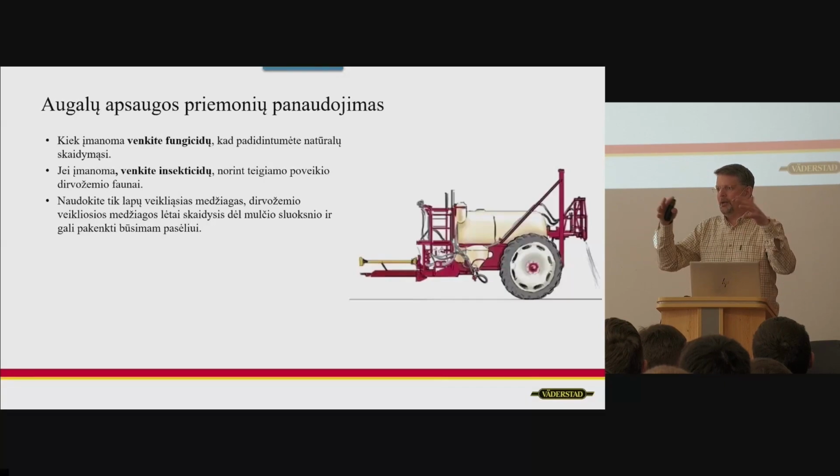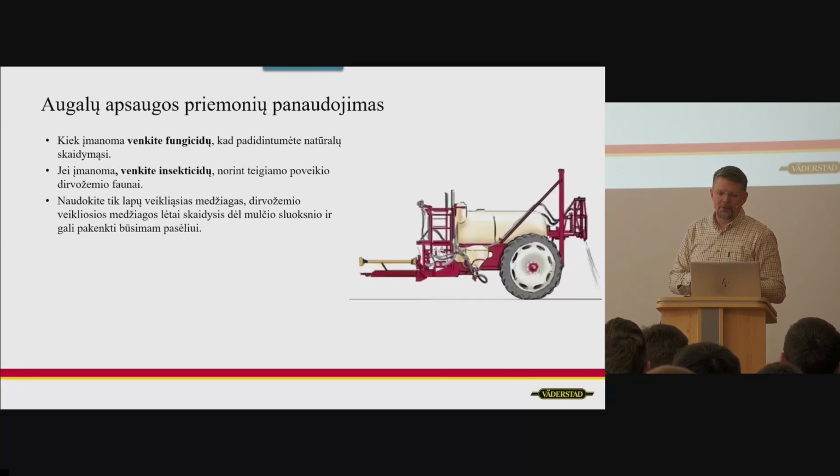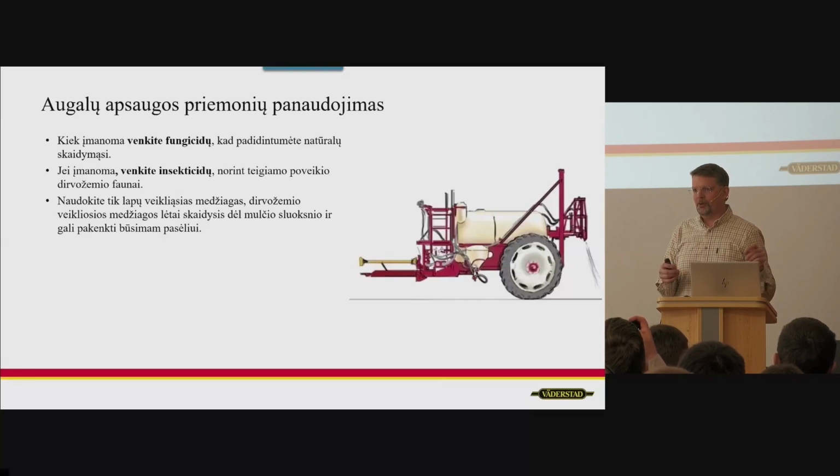So we are working now in a biology system where we also are using the insects. So reduction is good if we can do that. And try not to use soil active ingredients, because you now have that very active mulch layer, and so we need to think a little bit differently about these issues.